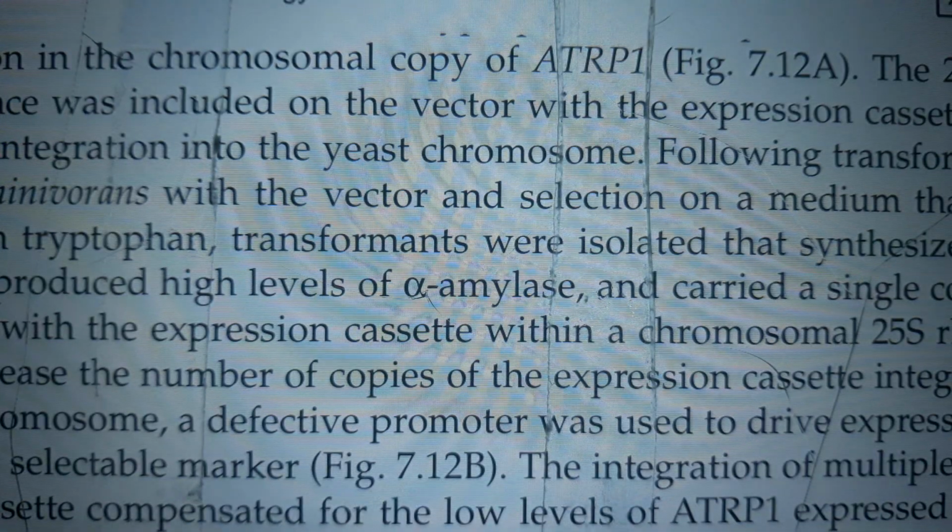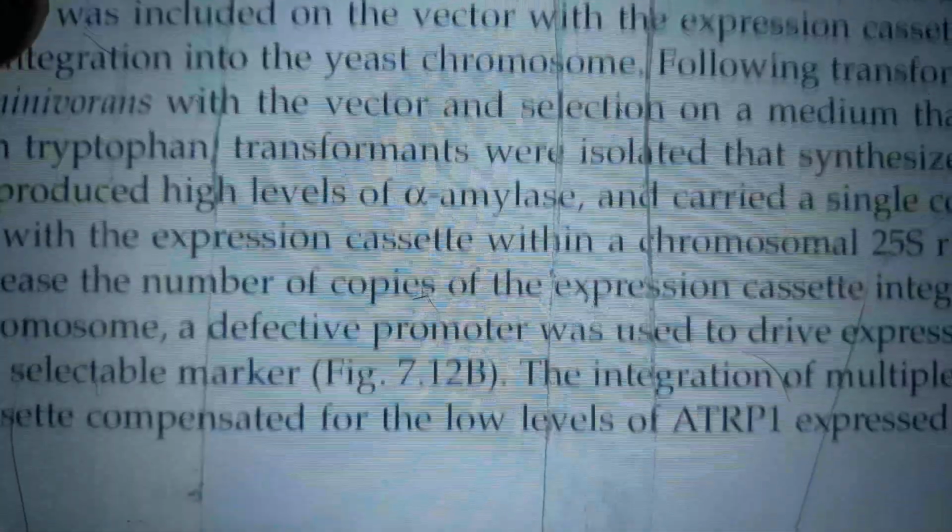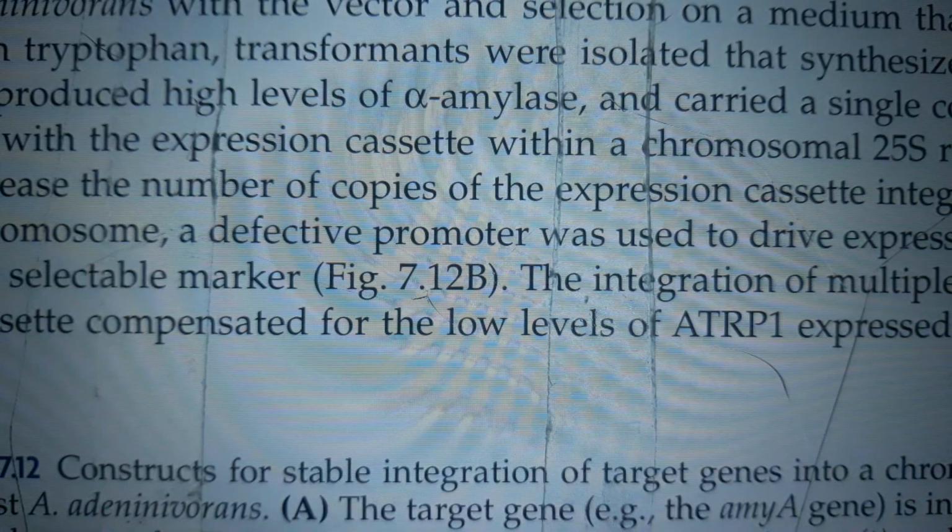The 25S rDNA sequence was included on the vector and the expression cassette for targeted integration into the yeast chromosome. Following transformation of Arxula with the vector and selection on a medium that did not contain tryptophan, transformants were isolated that synthesized tryptophan, produced high levels of alpha amylase and carried a single copy of the vector with expression cassette within a chromosomal 25S rDNA site.